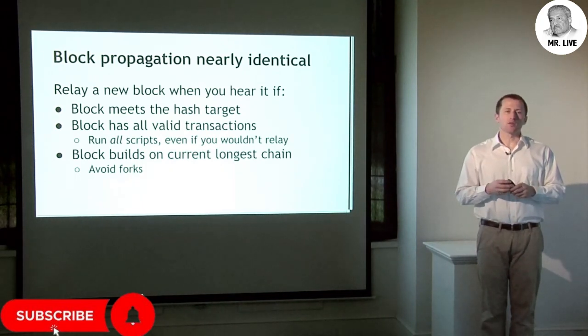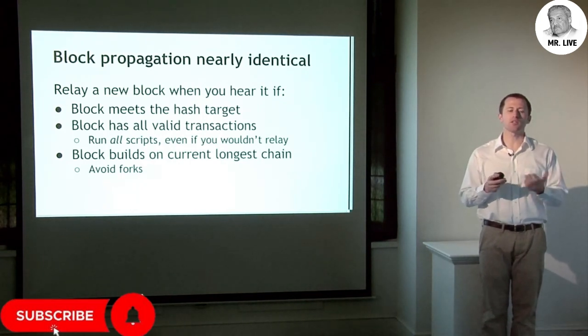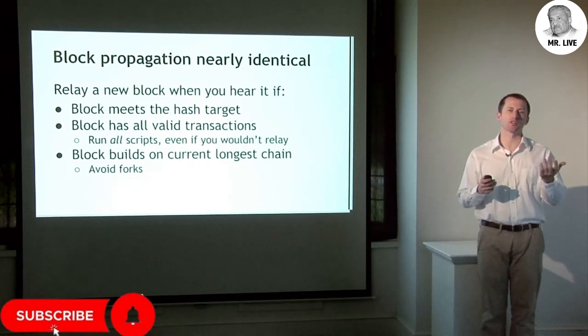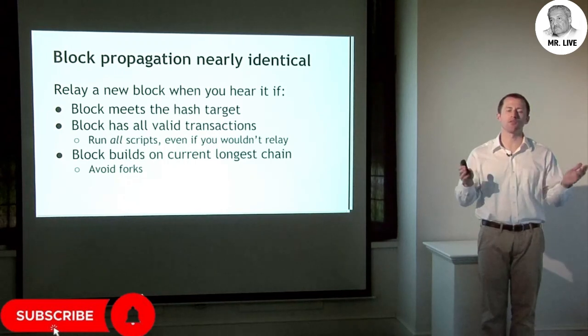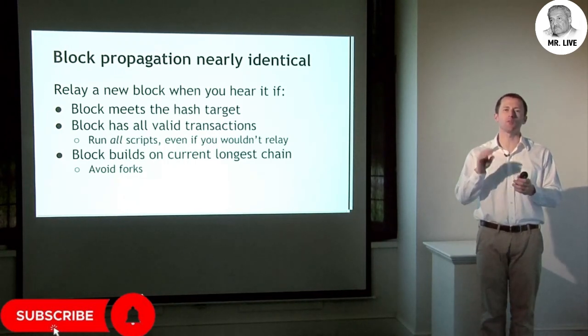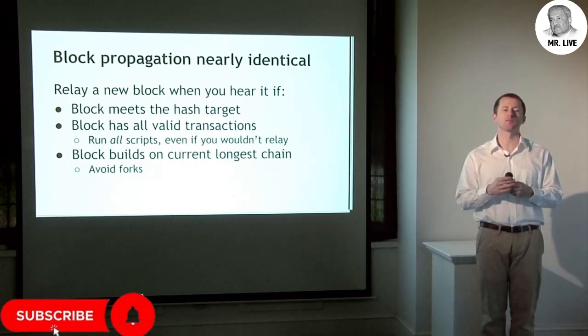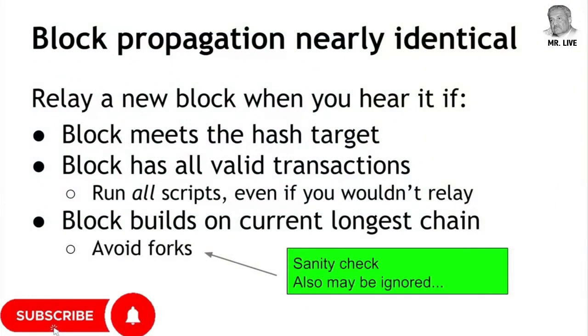And the other check, this really important critical part that makes Bitcoin consensus what it is, is that nodes shouldn't forward a block unless it builds on their perspective of the current longest chain. So they have a view of the blockchain, and they should only forward new blocks if they come at the very end of the chain, not at some earlier point. And this avoids forks building up.